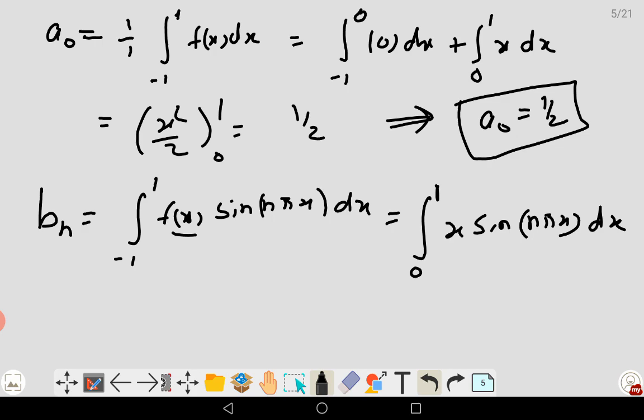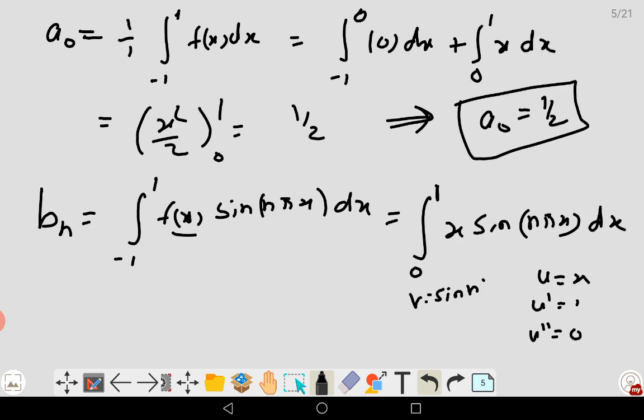Use the same kind of integration, integration by parts. U is x, u prime is 1, so u double prime is 0, so this is left.